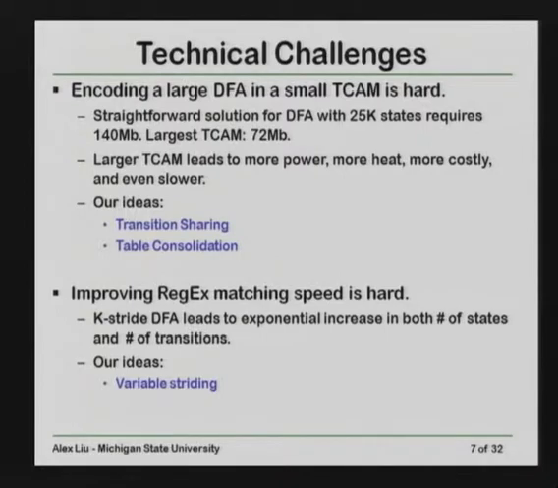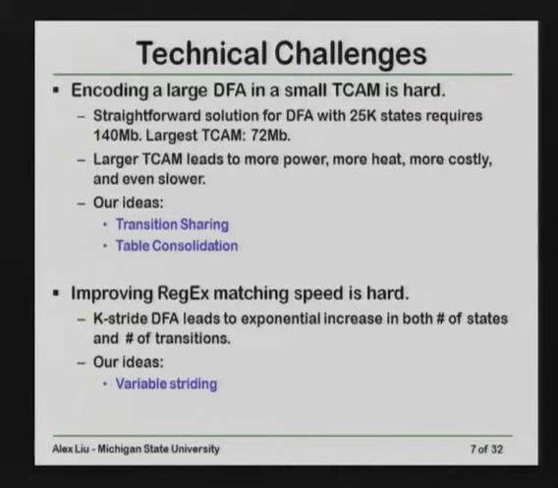Another technical challenge is that improving the regular expression matching speed is quite difficult. Typically, using a DFA, at every lookup we can consume one character. So if you want to improve speed, you have to consume multiple characters at a time.